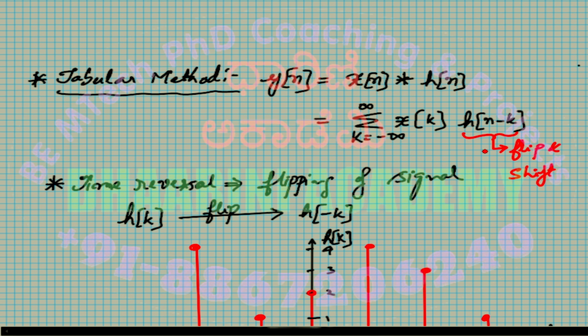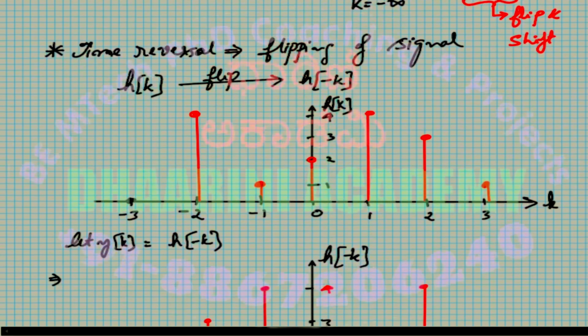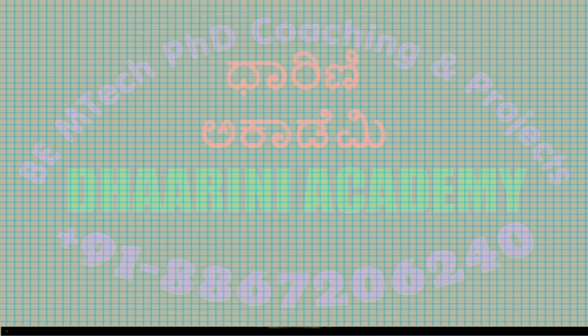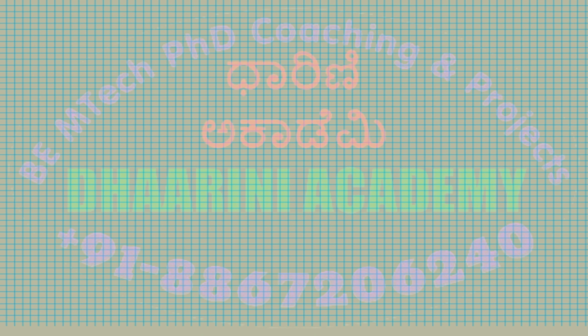Then the resultant shift, whatever you have, you multiply with x of k. So this is the mathematical process that we are going to follow in a method called the tabular method. Right, now let's directly go to a problem which we are going to solve by using the tabular method.